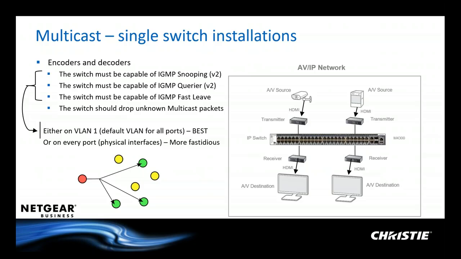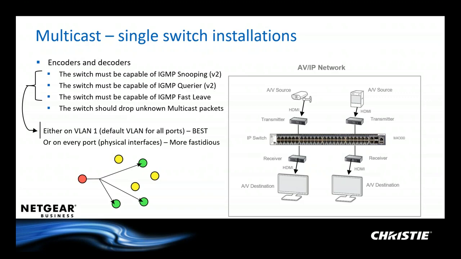So this is pretty much plug and play, especially when you're using some of the Netgear switches, the 4300, 4500 switches. But that doesn't mean you can't create specific VLANs within that same single switch to segregate different sources and different destinations. You still can do that. It just takes a little bit of programming on the switch, but it's really not rocket science at all.